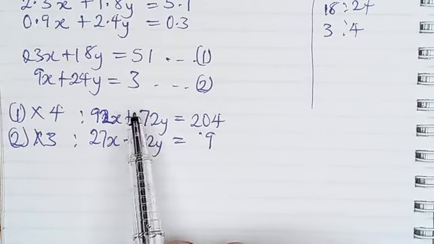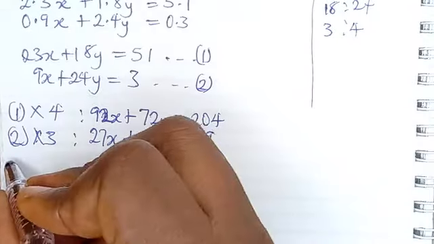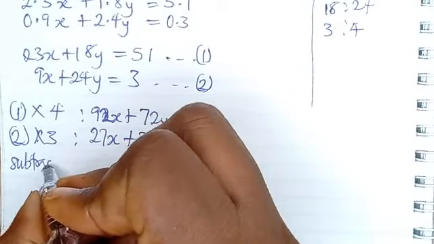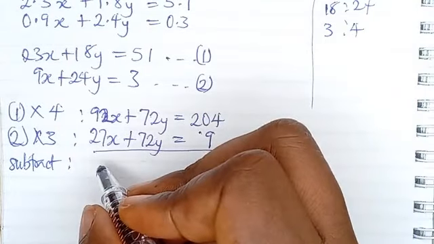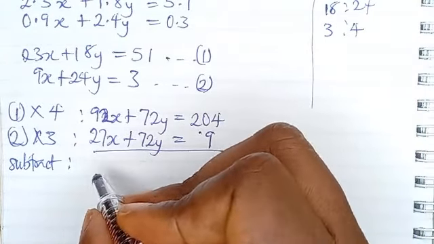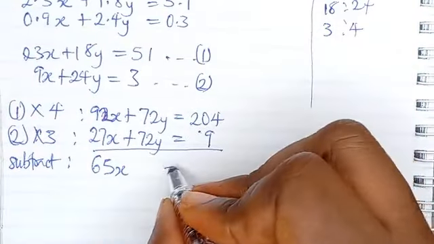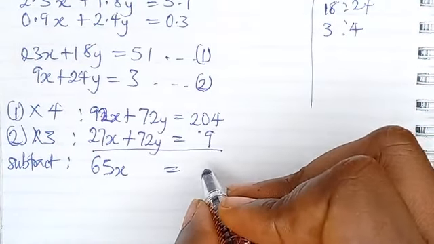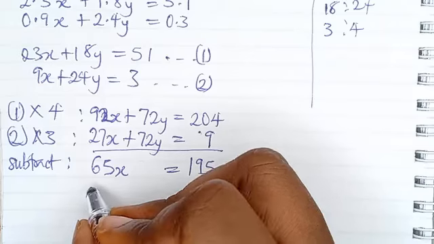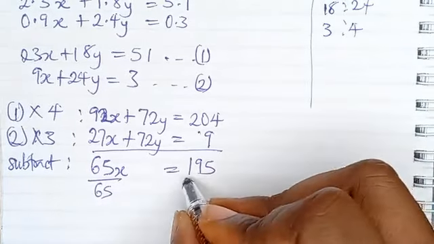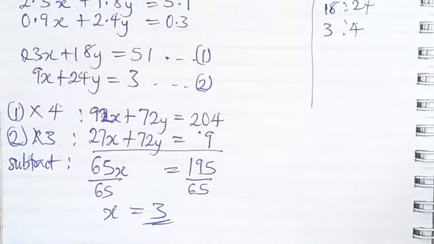We are now going to subtract, so 72 minus 72 is 0. 92 minus 27 is equal to 65, so 65x equals 204 minus 9, which is 195. We divide both sides by 65, and then we have that x is equal to 3.